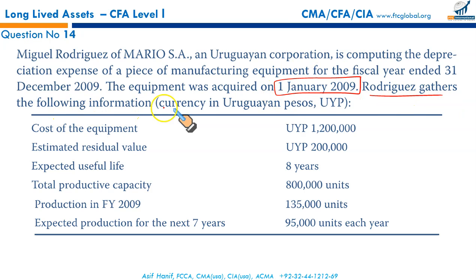Rodriguez gathers the following information: currency in Uruguayan pesos, cost of equipment 1.2 million, estimated residual value 200,000, estimated life, total productive capacity, production expected in the fiscal year 2009, expected production for the next 7 years, 95,000 units each year. What are we required to calculate?